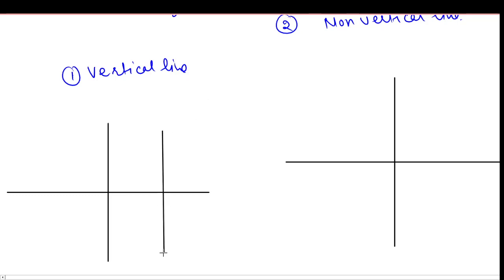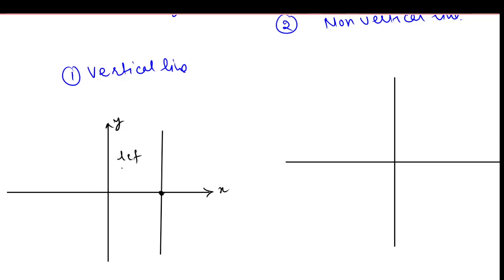So this is the x-axis and this is the y-axis, and it will split the xy plane into two parts, which are the left half and right half.